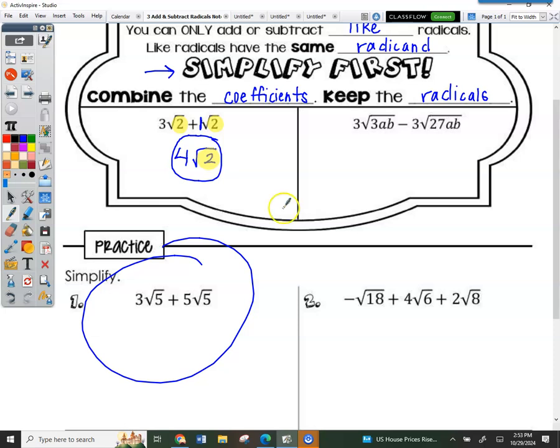Number 1 is like our first example. You should be done. If you're not done, let me walk through this one and hopefully you'll understand it.